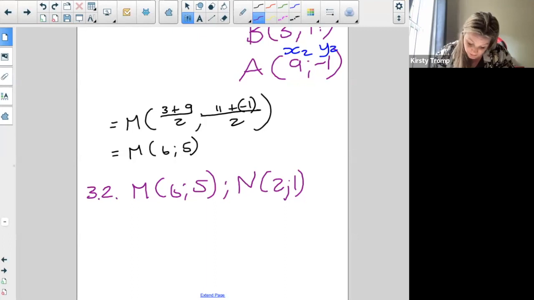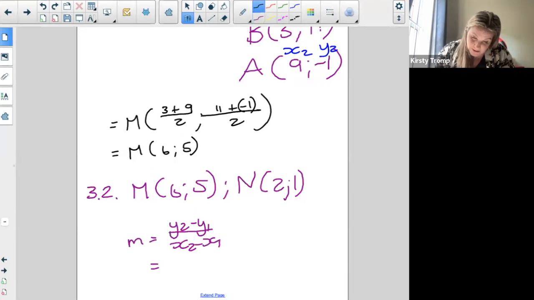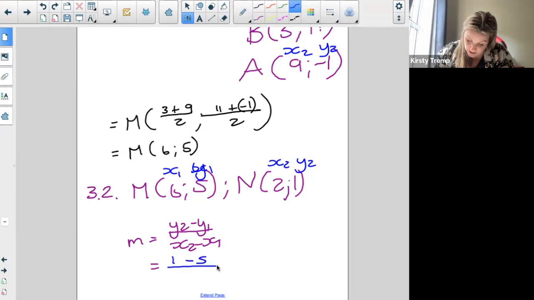So gradient m equals y2 minus y1 over x2 minus x1. I label my points in an exam because, again, I get stressed out. So I've got 1 minus 5 over 2 minus 6.